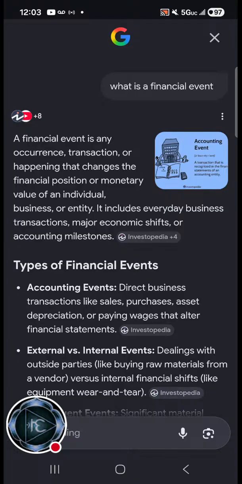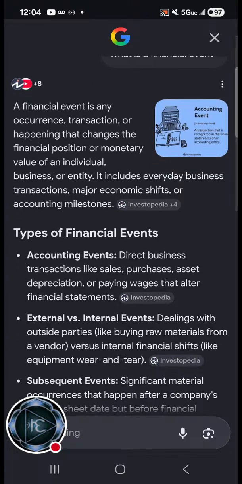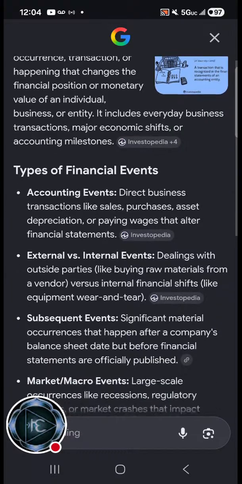Okay? It says it's a transaction or happening that changes the financial position or monetary value of an individual, business, or entity. It includes everyday business transactions, major economic shifts, or accounting milestones. Okay?